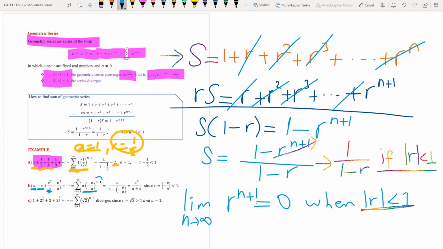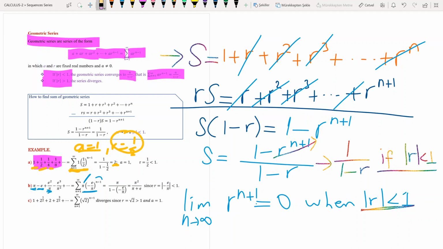So the next question, is it a geometric series or not? Yes, it is a geometric series, and in this case, a is pi, and r is minus e over pi. Okay? So the absolute value of e over pi is smaller than 1. Why? Since e is a number which is greater than 2, smaller than 3, 2 something, and pi is in between 3 and 4, so the division is smaller than 1.